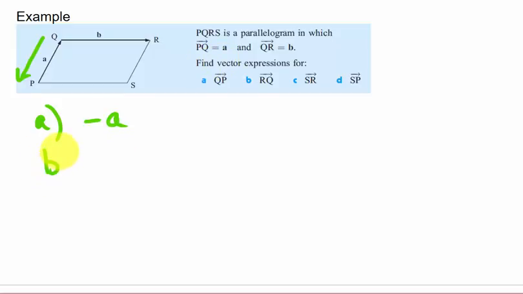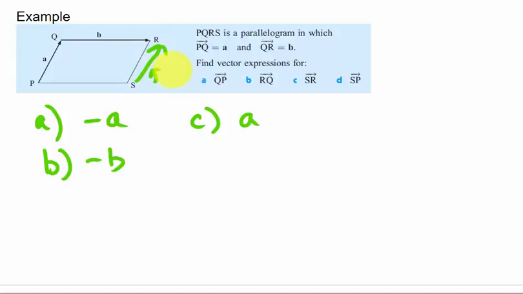For B, we have RQ. Same magnitude, opposite direction. So if QR is B, then we have negative B. For C, we have SR. Now SR is actually also A. It has the same magnitude and it's at the same angle, so direction.